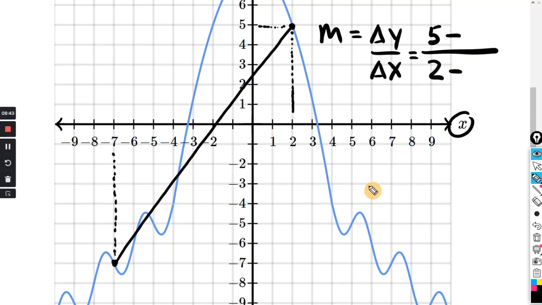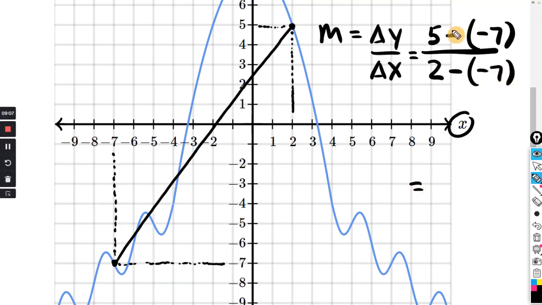All right, we're going to subtract the other ones. Now going to this point, the y coordinate for this point, if I trace it to the y-axis, that's at -7. So right here, -7. And the x coordinate for this point also happens to be -7.